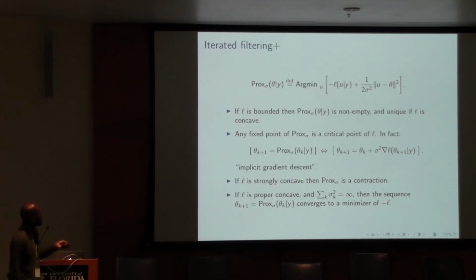And if the function is strongly concave, this is actually a contraction, and you could show a very nice convergence property for it. If it is a proper concave function, which in my case here is proper, and if the sigma is summable, then this actually converges to the minimizer of L. So there is a very nice theory.